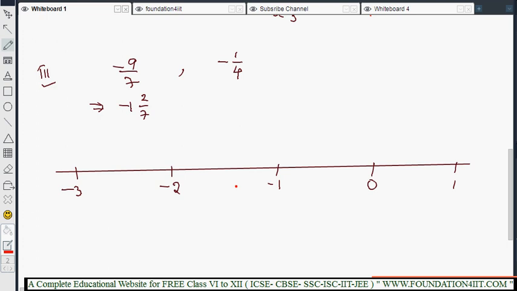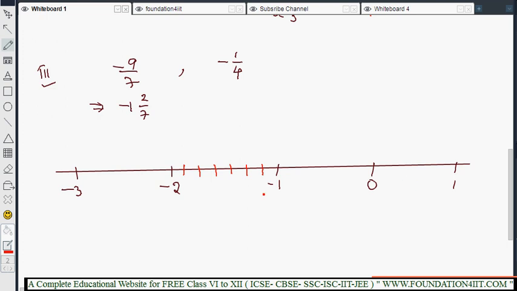Between minus 1 and minus 2, 7 parts we should make. So 1, 2, 3, 4, up to 7. Yeah, 7 parts I made. Positive means from 0 to the right side we take.